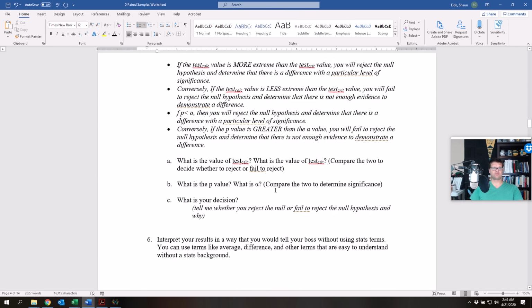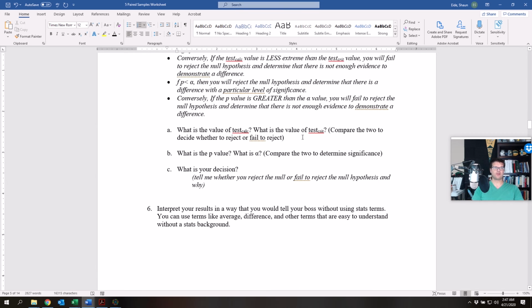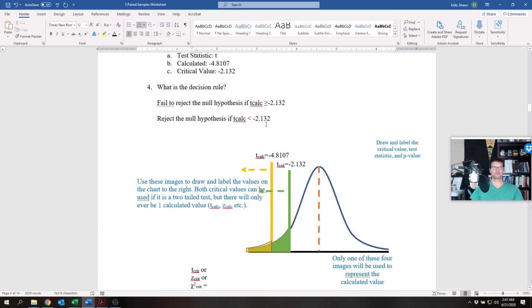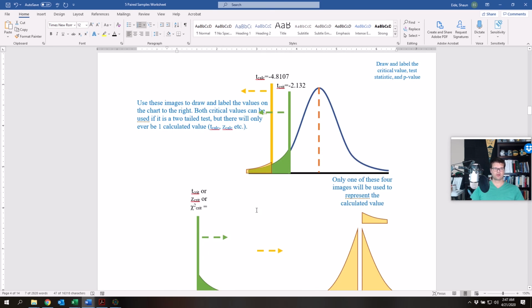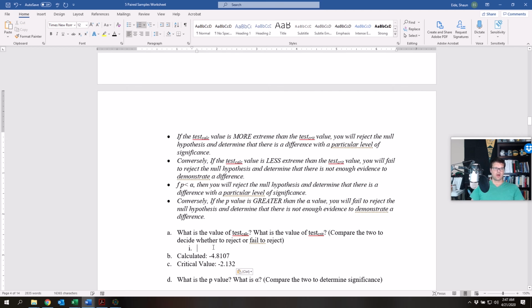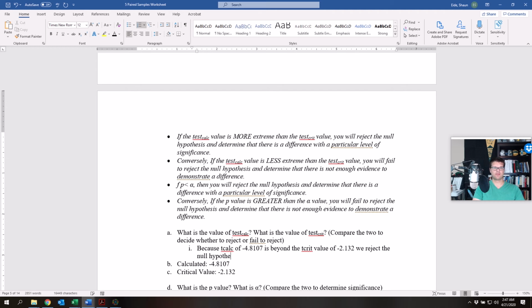So our decision, we've got those two values, and so what we're going to say is, and I'm going to copy these, because tcalc of negative 4.8107 is beyond the tcrit value of negative 2.132, you could say beyond or below, we reject the null hypothesis.